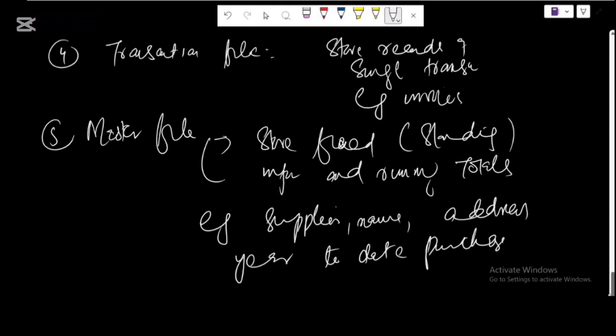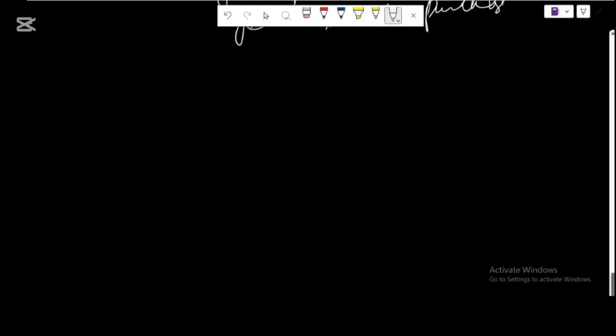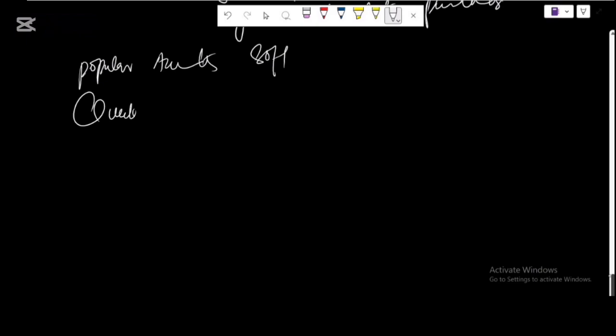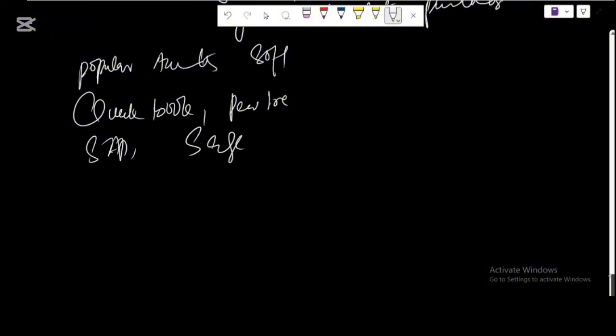Clear? And at the last, let me tell you some popular accounting software, and that is your QuickBooks, your Peachtree, Sage. You may say other software that is popular and used for accounting purposes. Clear?